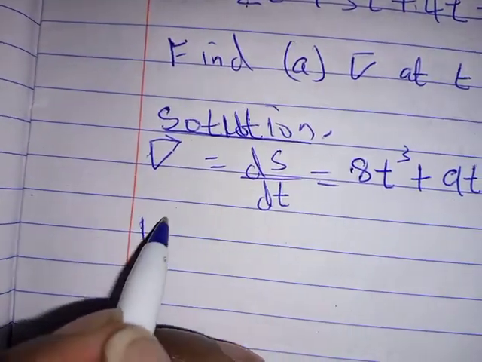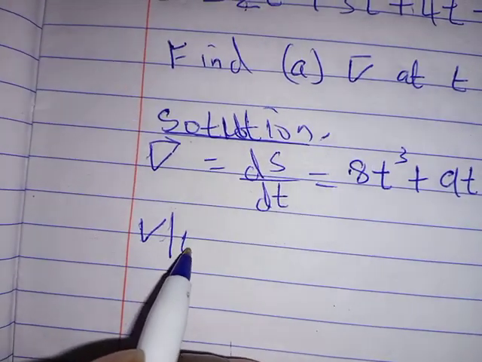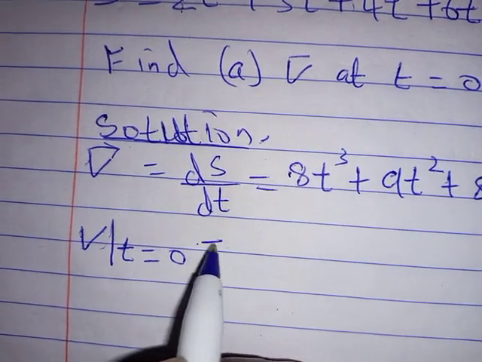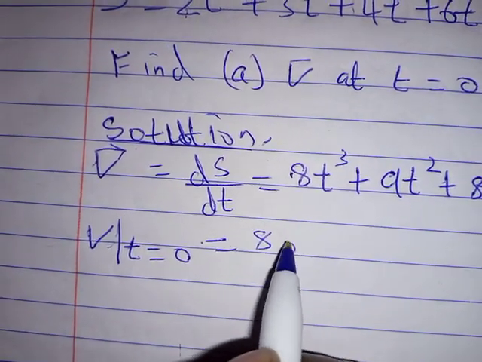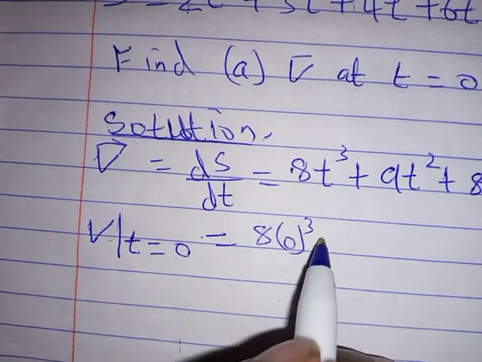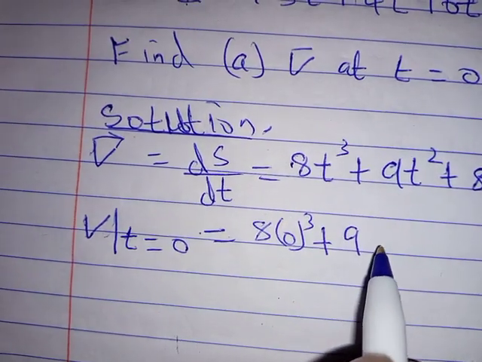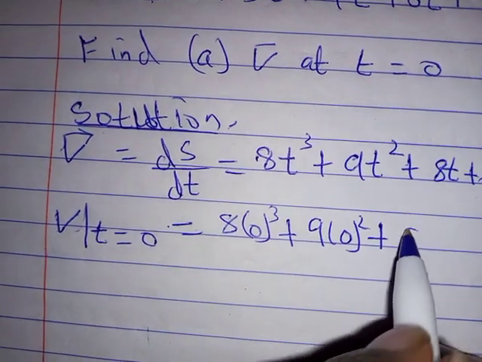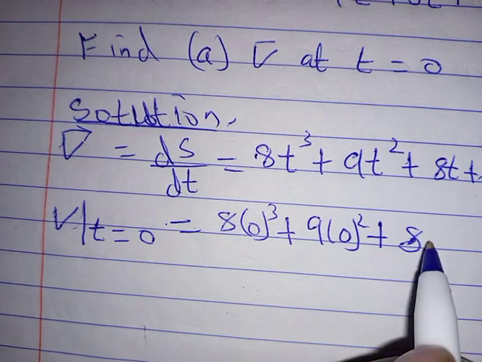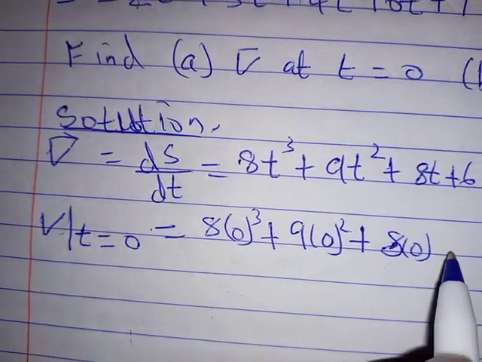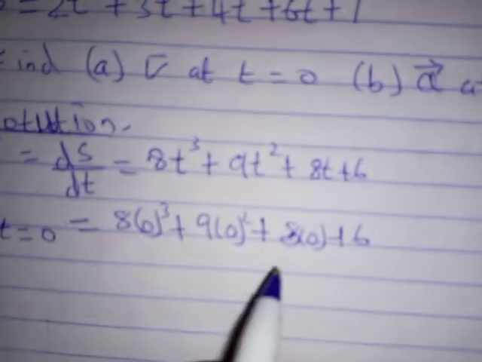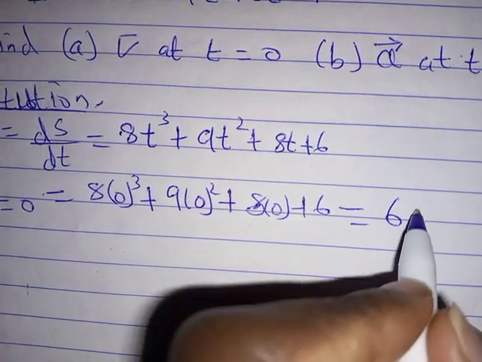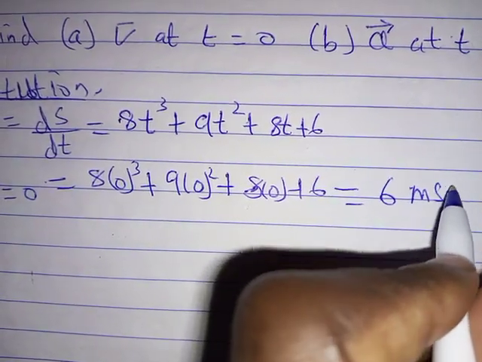Then velocity v at t is equal to 0 will be given by: v is equal to 8 times 0 power 3 plus 9 times 0 squared plus 8 times 0 plus 6, which is equal to 6 meters per second.